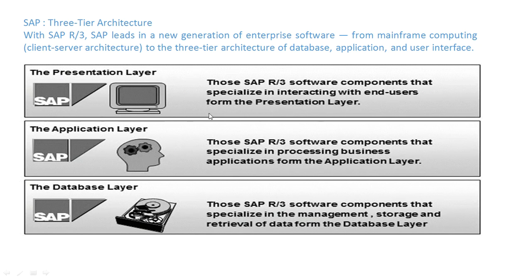Presentation layer means how the SAP software looks to the end user: the front end of the SAP software, or how the end user interfaces with this software. That means how the software will look to the user.